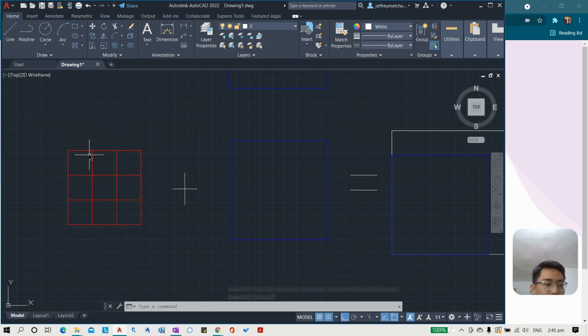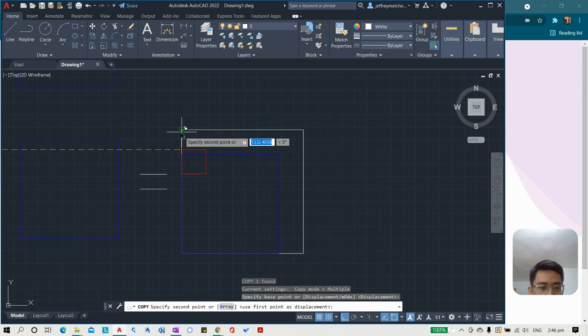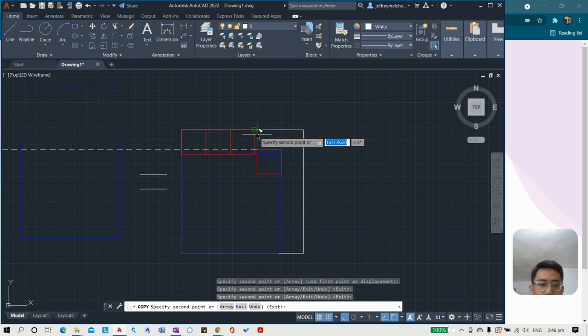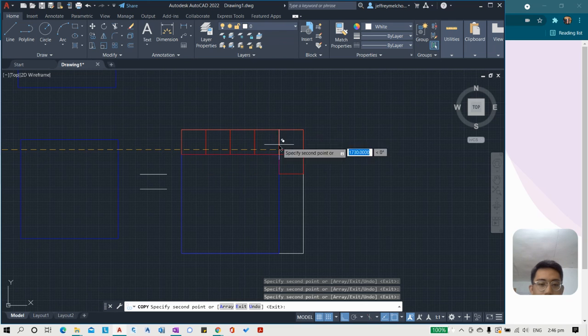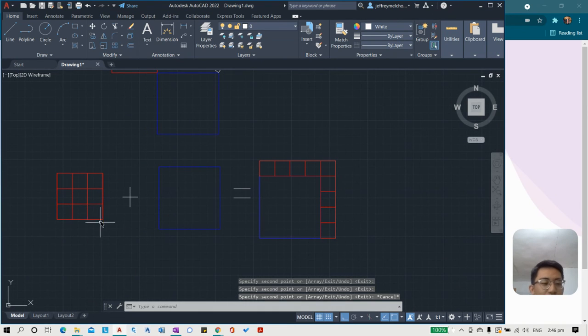Let me copy one of the squares and count one by one. So one, two, three, four, five, six, seven, eight, and 9. As we can see, exactly 9 smallest squares fit in the remaining area.